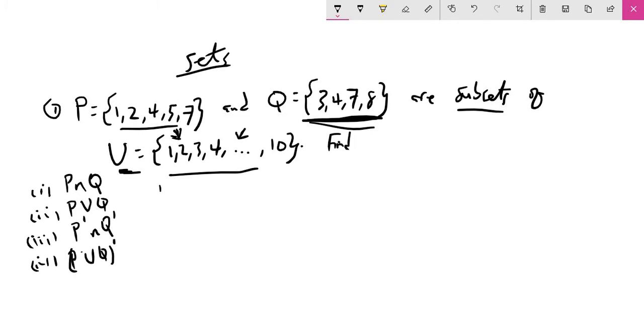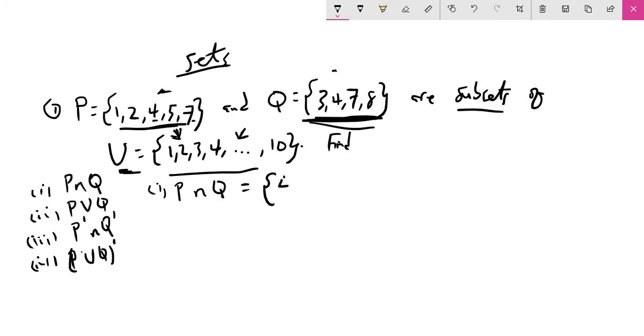So the first part of the question says we should find P intersection Q. This means that we should find elements of P that are also elements of Q, meaning the elements that are common to both P and Q. So we write out all the elements between two curly braces. 1 is not found in Q, so we ignore that. 2 is not either, but 4 is, and then 7.